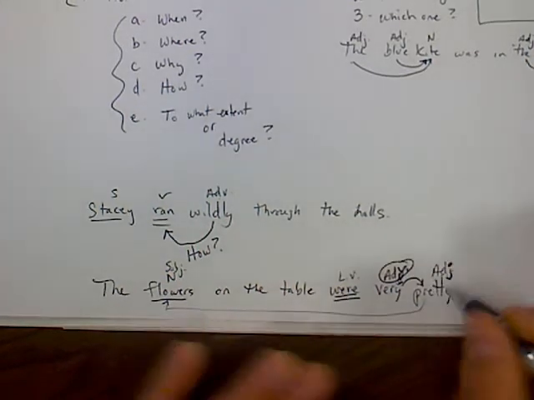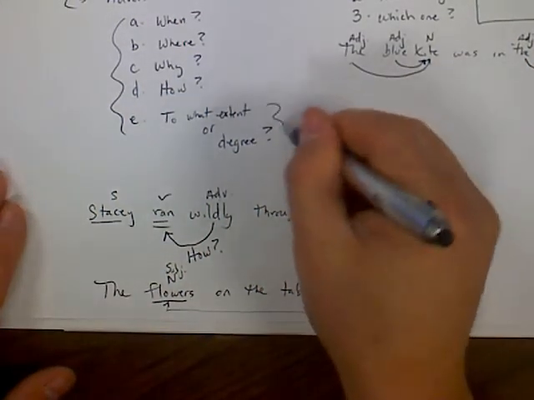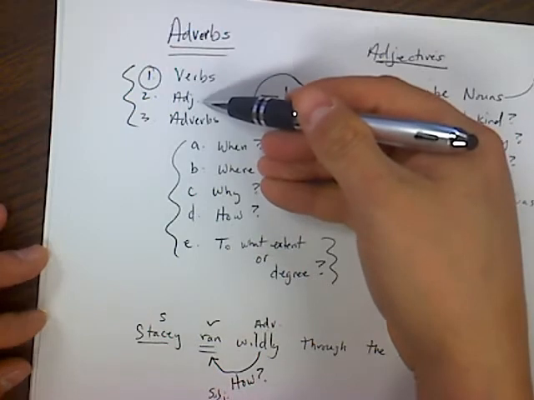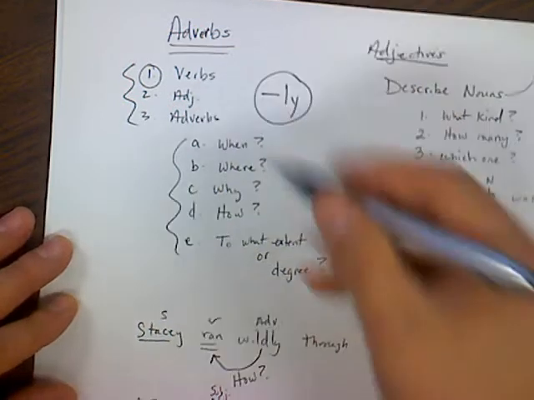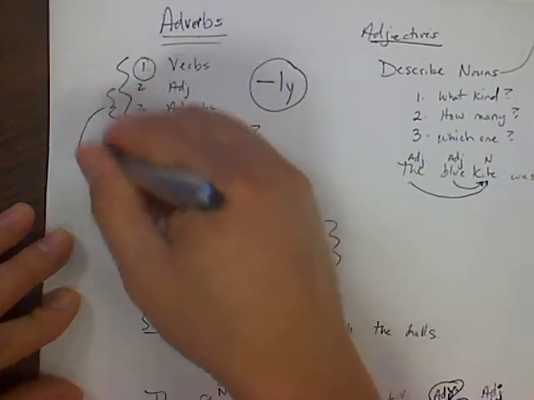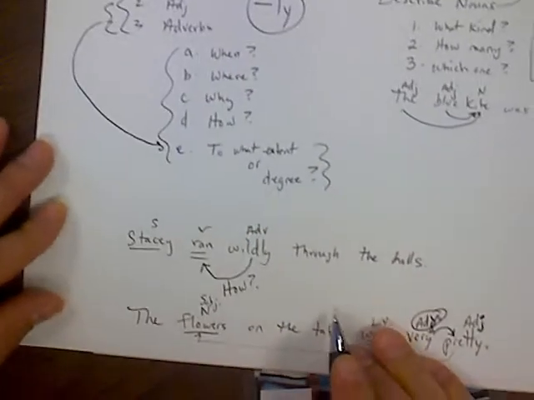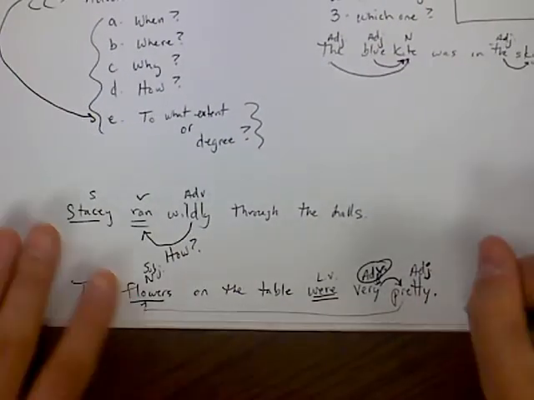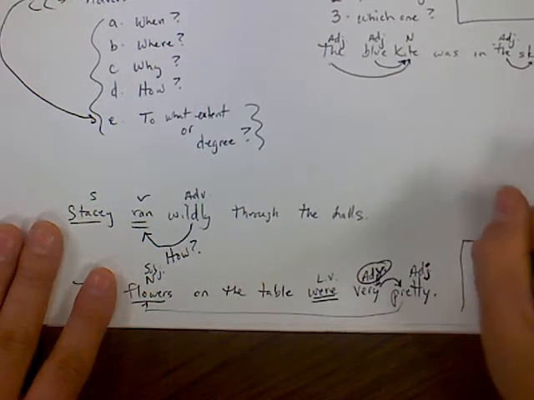Okay, and this is also one of the examples of to what extent or degree. So when you're dealing with adverbs that modify adjectives or other adverbs, it's usually this one. Because I always tell students, imagine if you had like a thermometer of some sort.